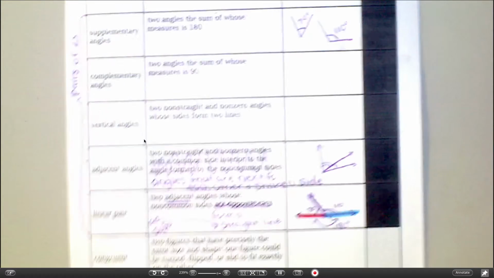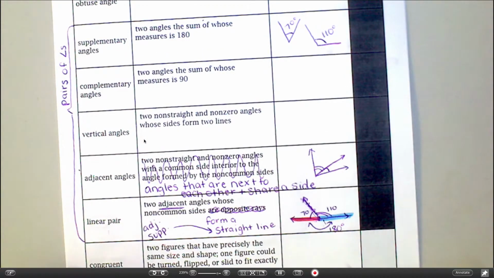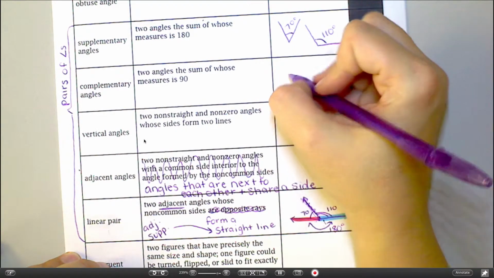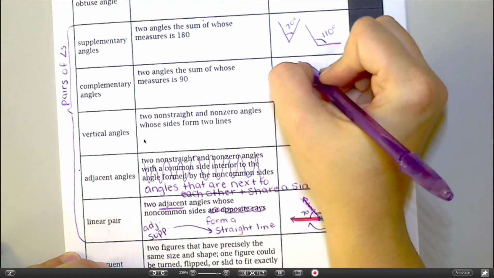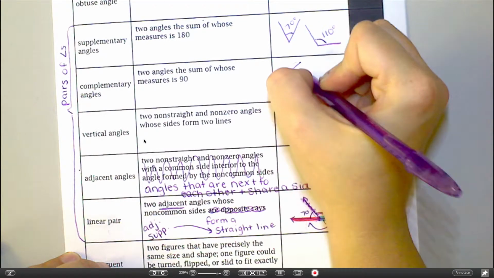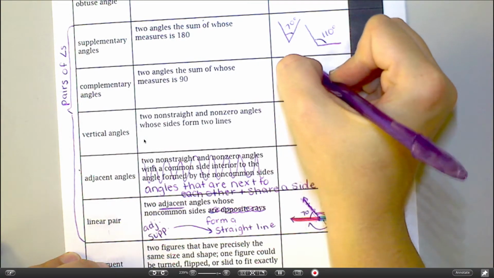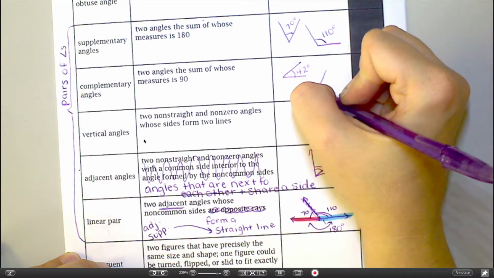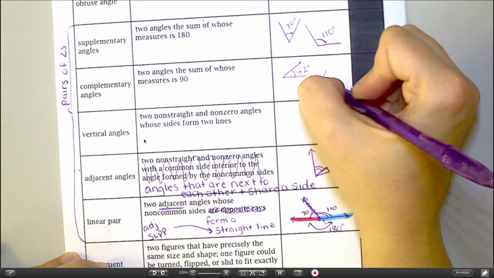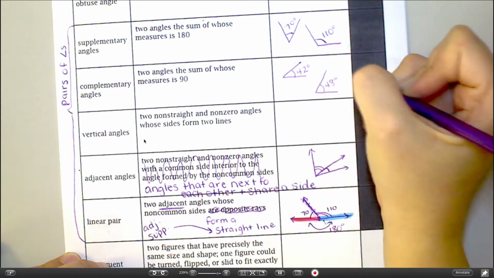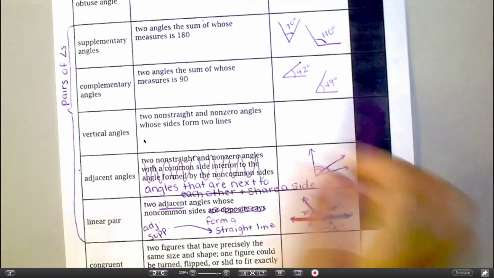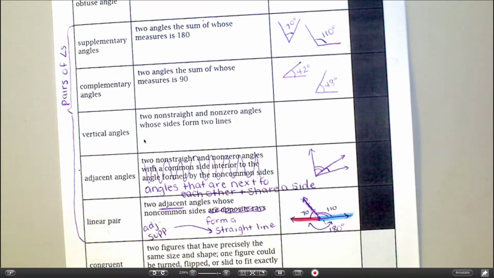Complementary, same kind of thing as supplementary, except this time your angles are going to add up to 90. So if you had a 42 degree angle and a 48 degree angle, those two angles add up to 90, so they're complementary.